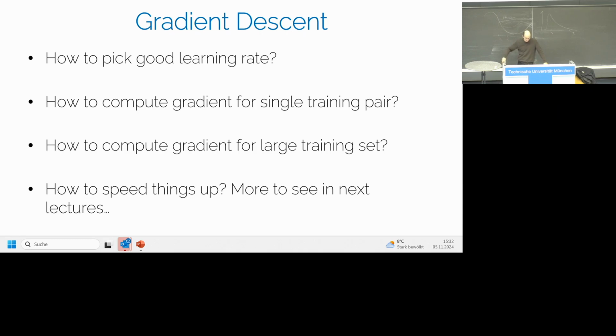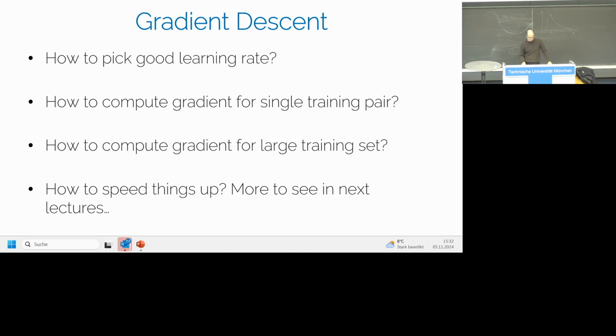Typically the summation over all training samples is just not feasible computationally. And the question is, is the most efficient way to go sample by sample or to try to sum over all samples? And what we find is there are elegant ways to speed things up. And this is what we'll talk about in the next lectures.